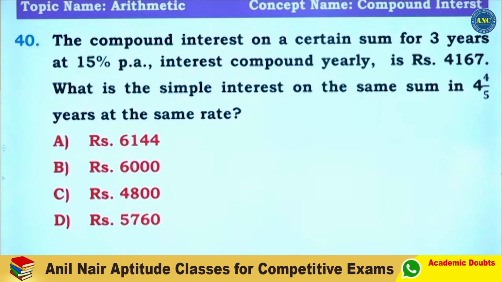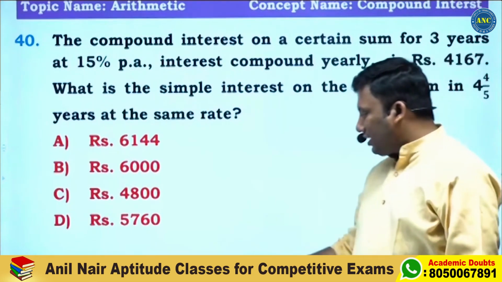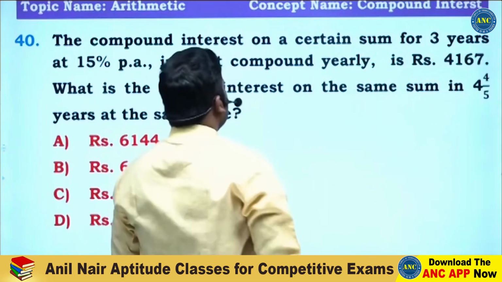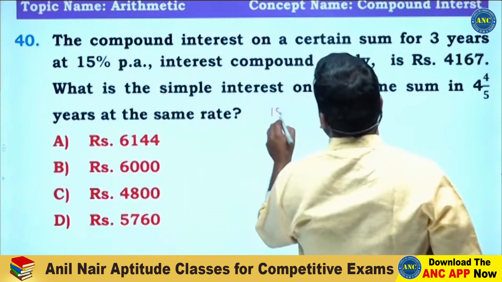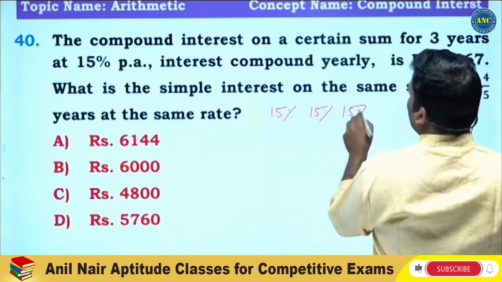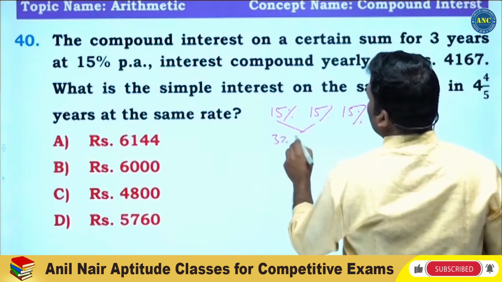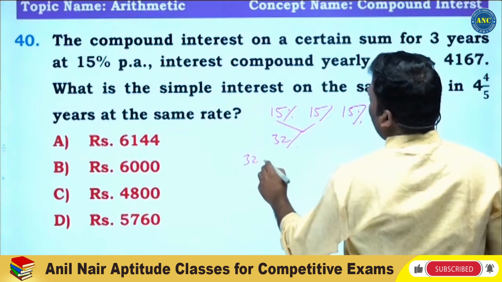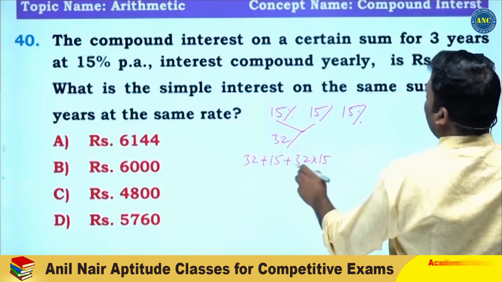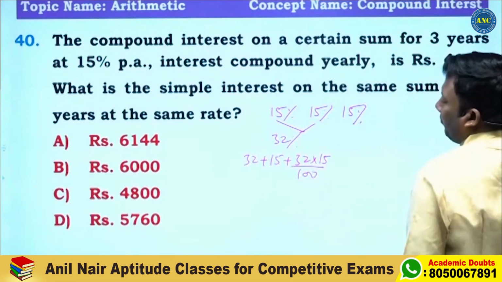The compound interest on a certain sum for 3 years at 15% rate of interest is 4167. So this will be 15% 3 years, which is 15 plus 15, 32%. 32 plus 15 plus 32 into 15 by 100.